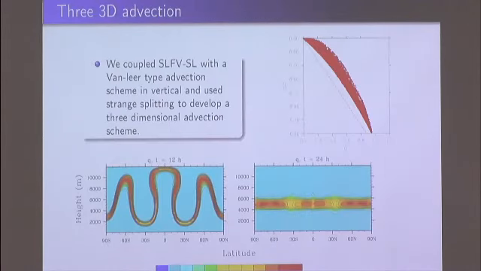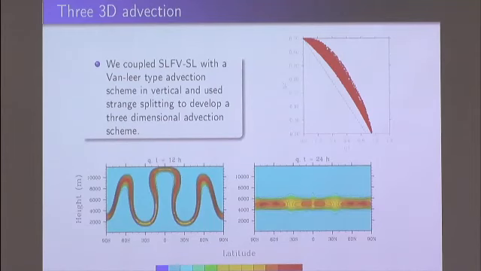We also use this slope limited finite volume scheme with a 1D Van Leer type advection scheme in the vertical to develop a three-dimensional advection scheme, and we tested some DCMIP 2012 test cases. This is the result of the deformation test case, where Q1 is the cosine bell and Q2 is the correlated cosine bell, and this is the functional relation.